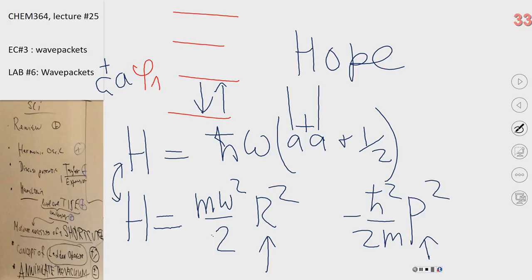Do we need to relate them both back to kinetic energy? Well, this is kinetic, this is potential, right? What if we try to represent this creation and annihilation operator as a linear combination of position and momentum operators with some unknown coefficients?